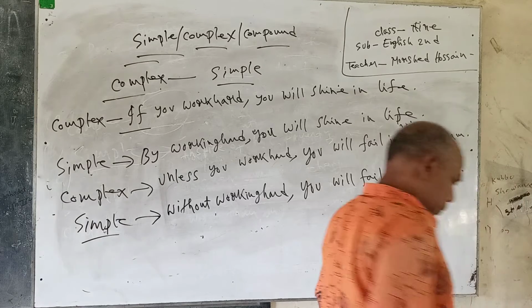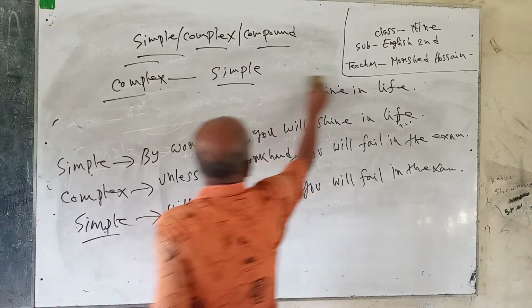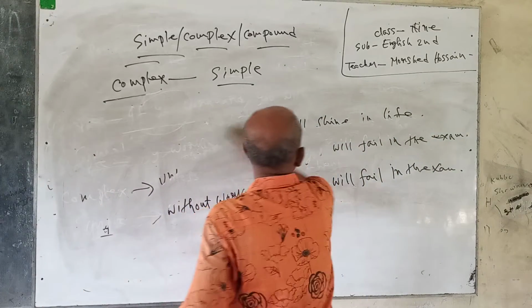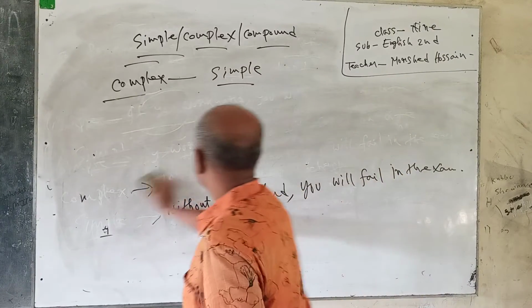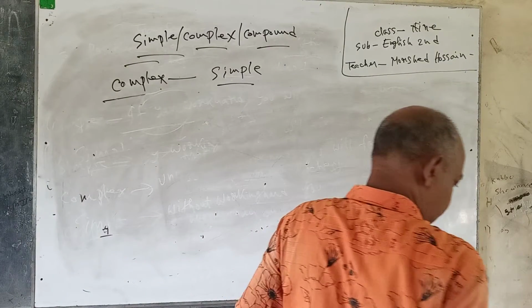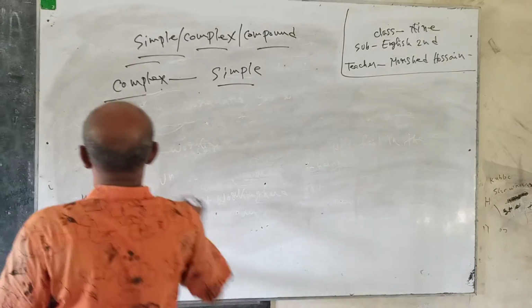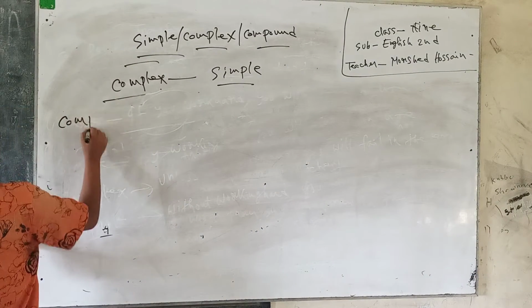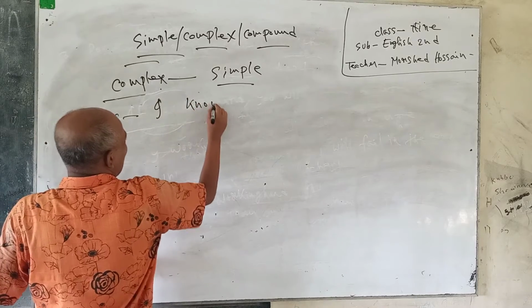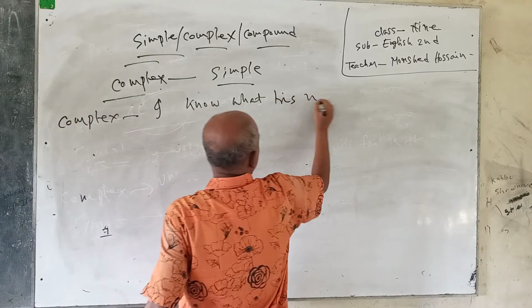Now we are going to discuss another form. Complex: I know what his name is.